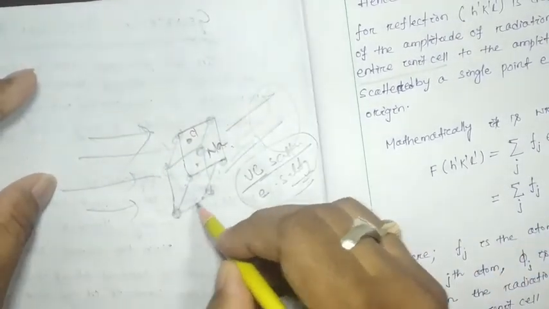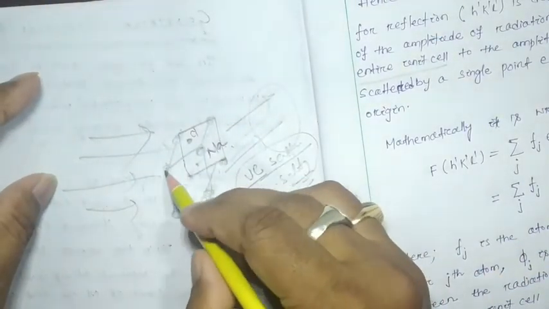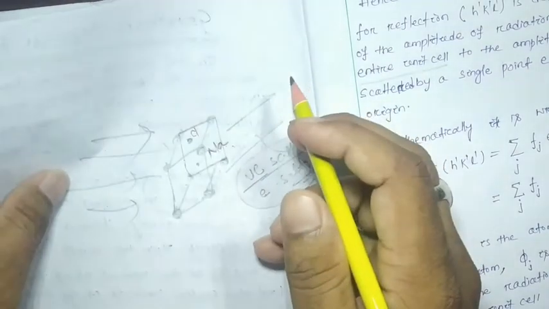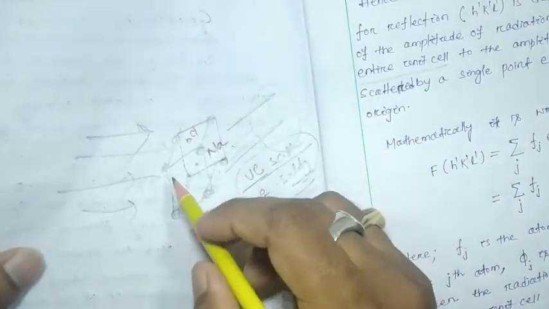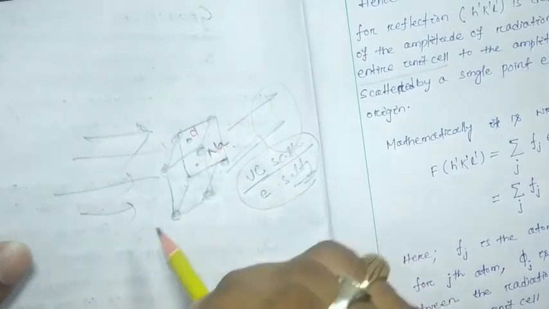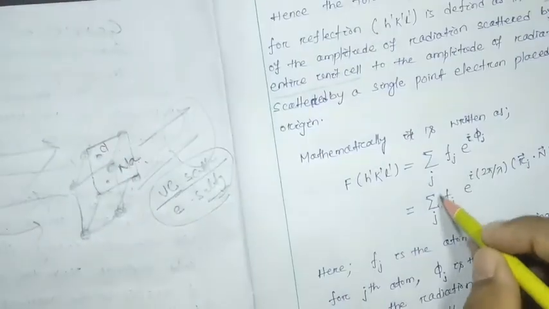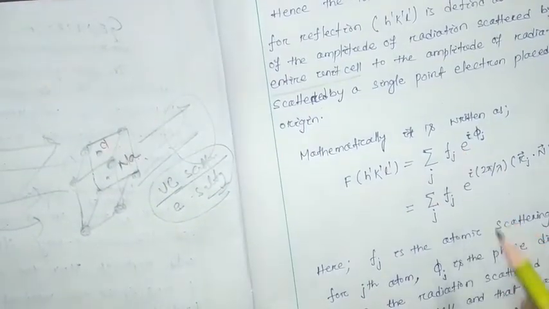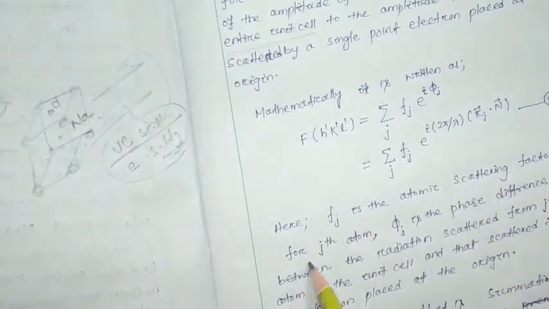Suppose this atom, this atom, this atom: the individual scattering amplitude of each is the atomic scattering factor. So Fj is the atomic scattering factor of the jth atom.